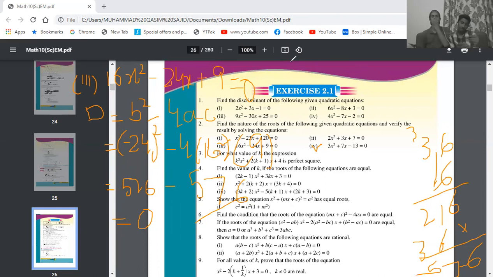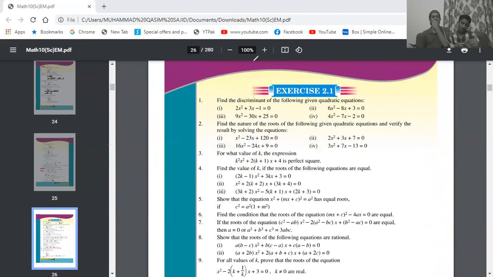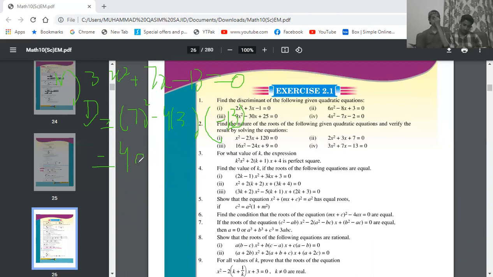Now for the second one, that is question number 4, 3x square plus 7x minus 13 equals 0. So discriminant equals b square, that is 7 square, minus 4. The value of a is 3 and c is minus 13. So 7 square equals 49.